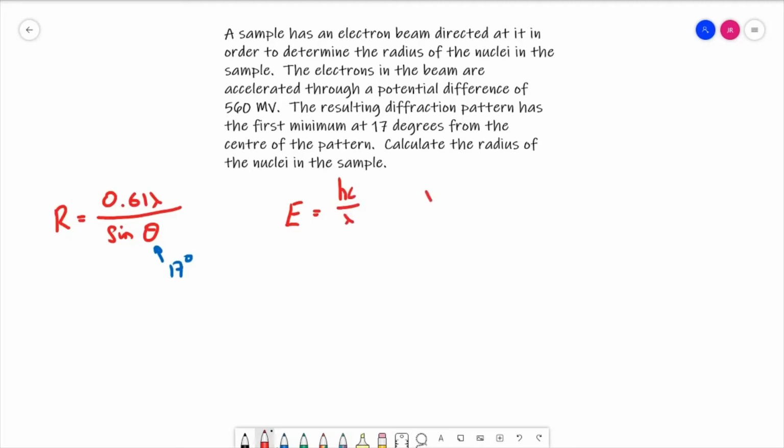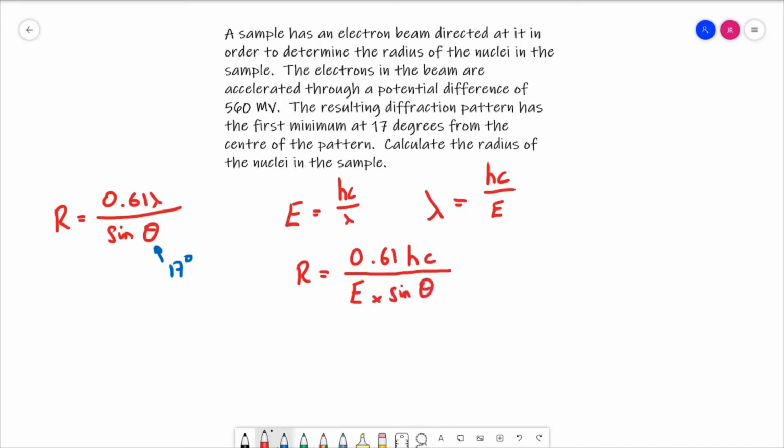If we rearrange that, lambda is equal to hc over E. Combining all of that together then, our radius will be 0.61 multiplied by hc divided by E multiplied by sine theta.